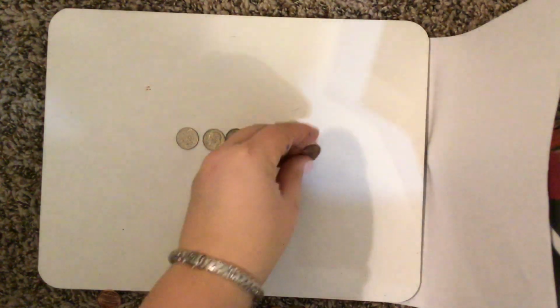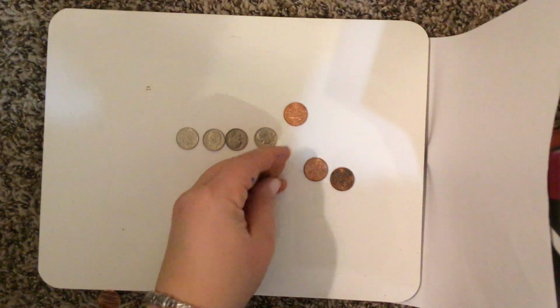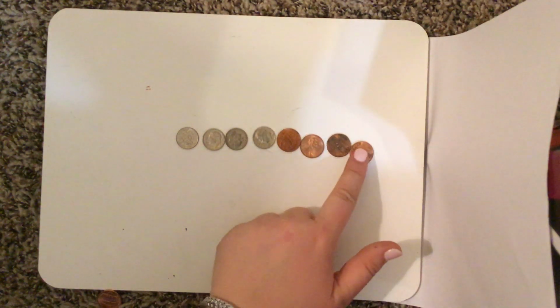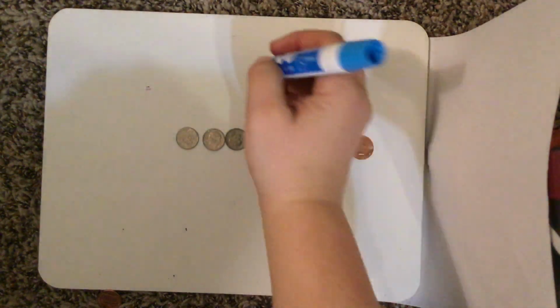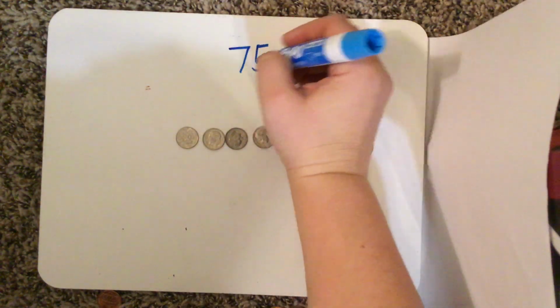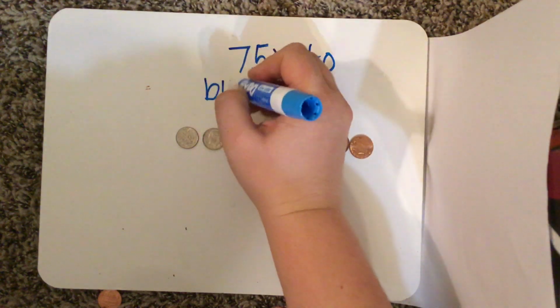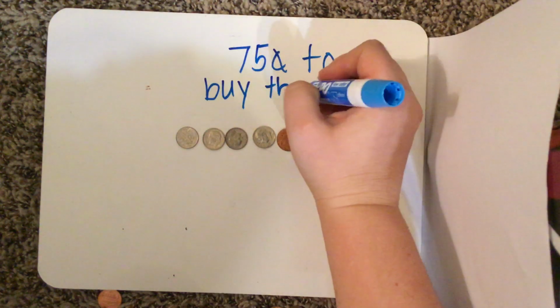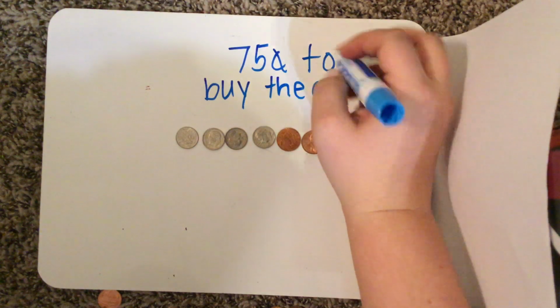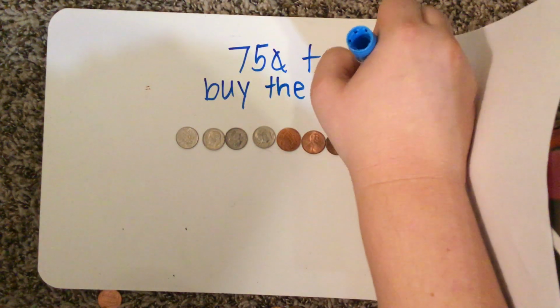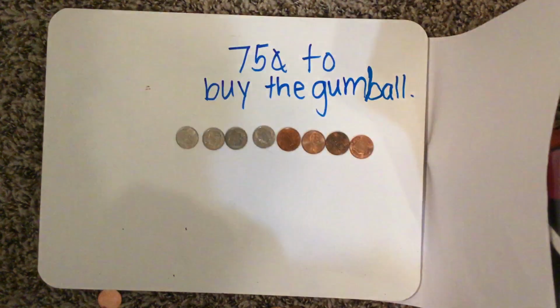And my dad said, "I'll give you all the change I have in my pocket." And I said, "Okay, well, it costs 75 cents to get the gumball." And so he gave me what he had, and so now I had to figure out if it was enough.